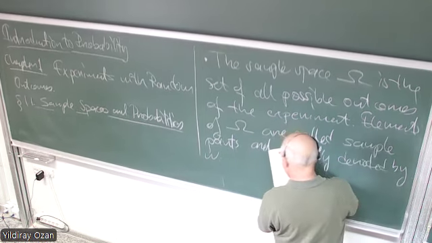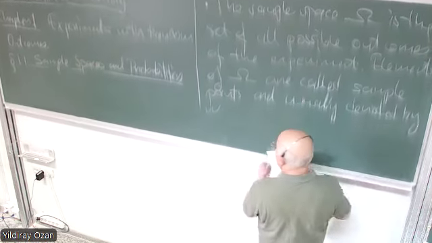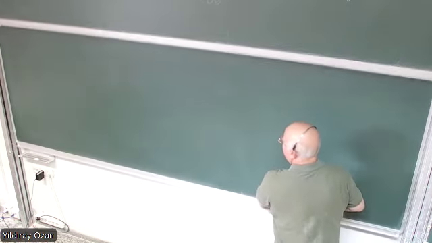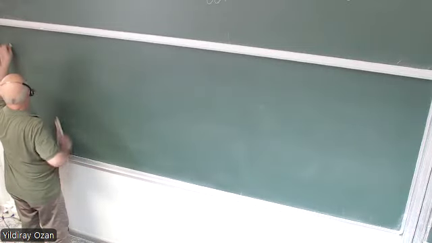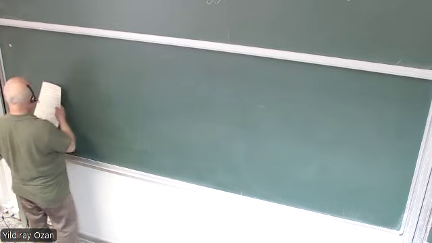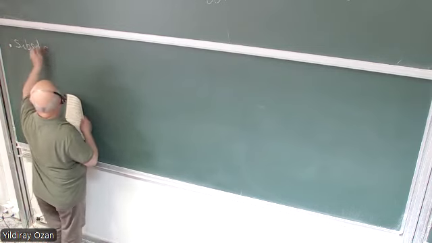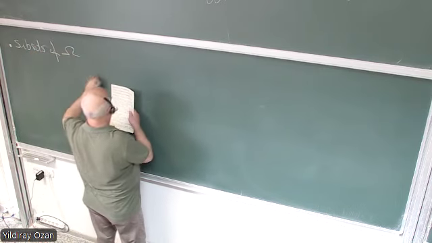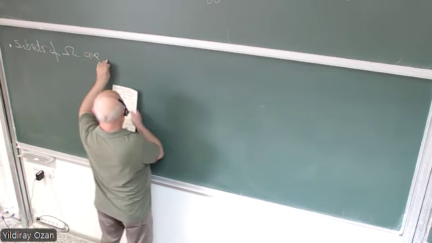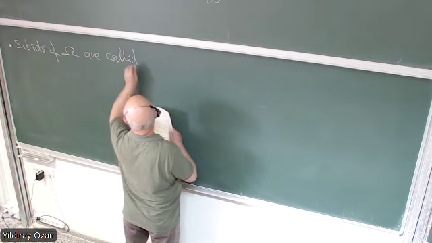The second concept we will define is: subsets of omega are called events.